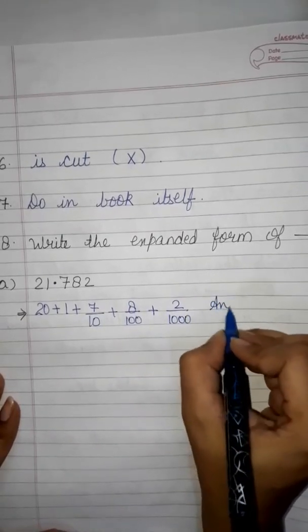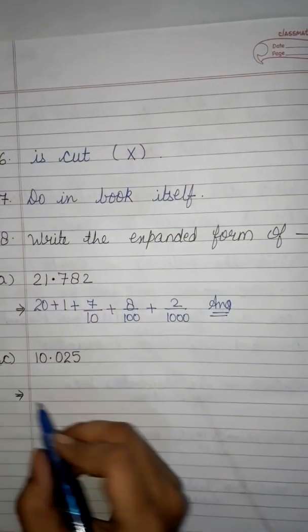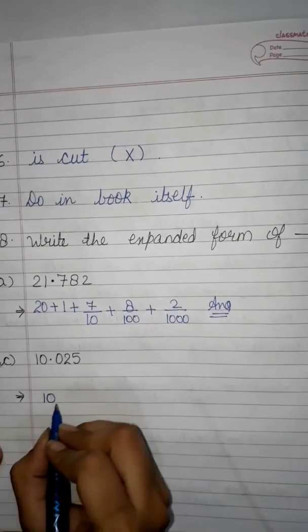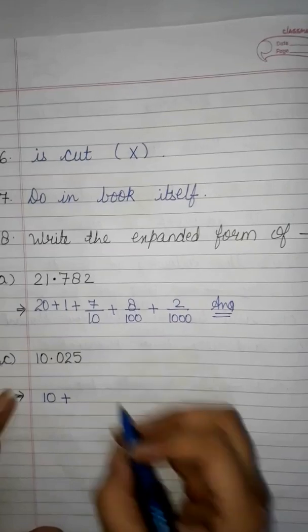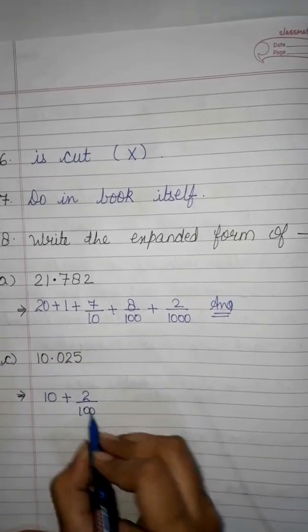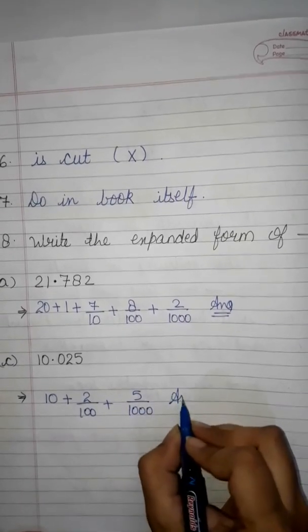This is the answer. Now see the C part. 10 already it is in expanded form. 10 we cannot expand it more. Plus now 0 is coming in between. Skip it. Right? Start with 2. 2 by 100 plus 5 by 1000. Answer.